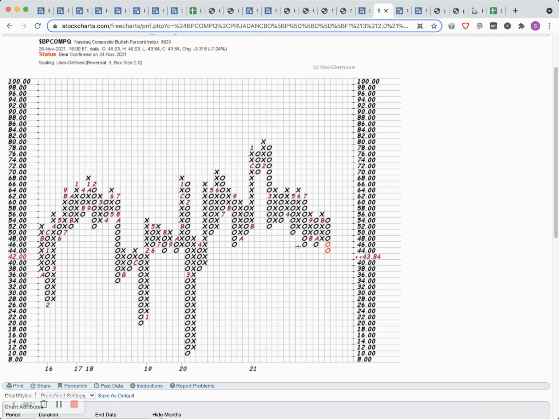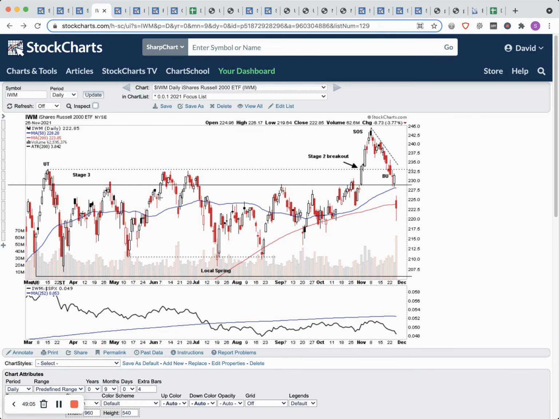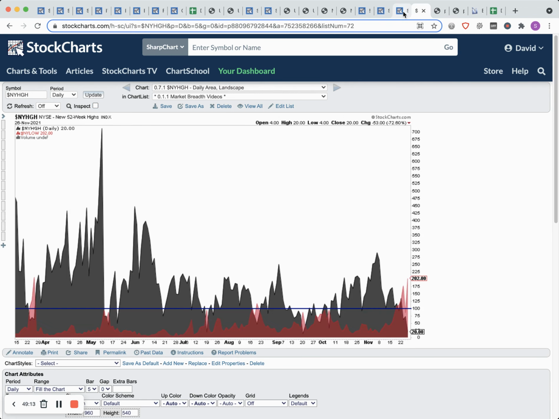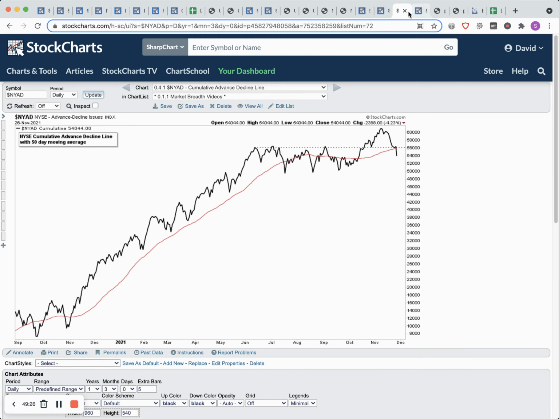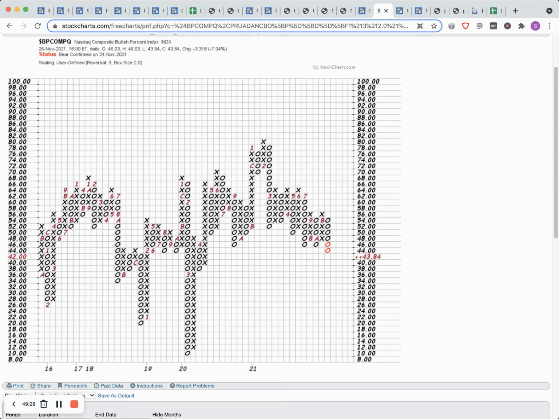So that's what this is showing, and we've seen from the likes of the IWM that the vast majority of the stocks have gone sideways, and it's been a choppy environment for the majority of the year. And people like ARK have been really struggling, and various other ETFs that were leadership ETFs last year. So that's what that's showing at the moment. So again, it's on a bearish signal at the moment.